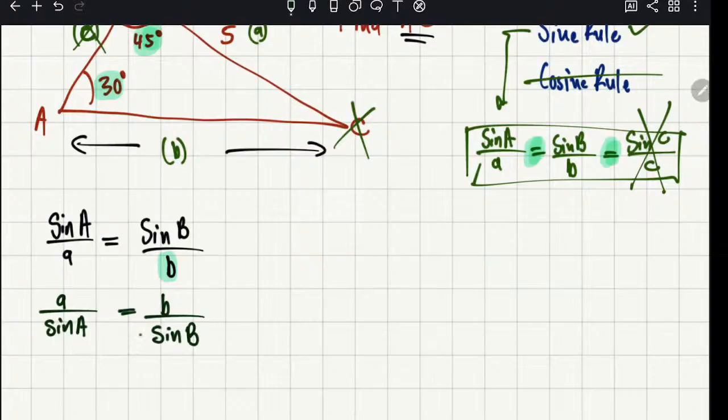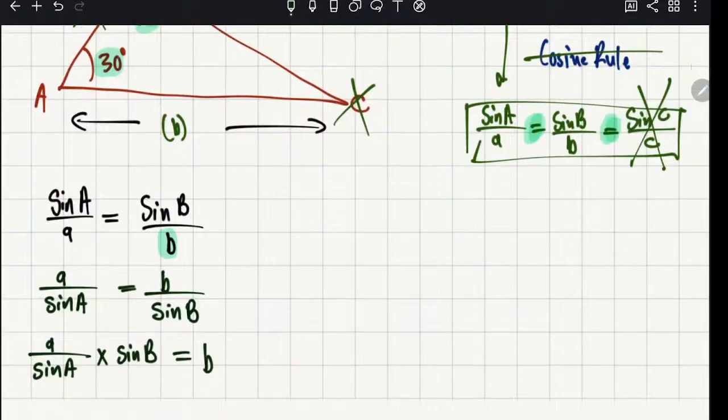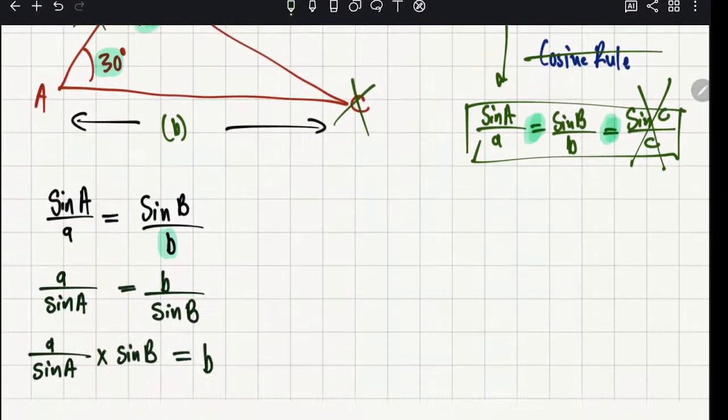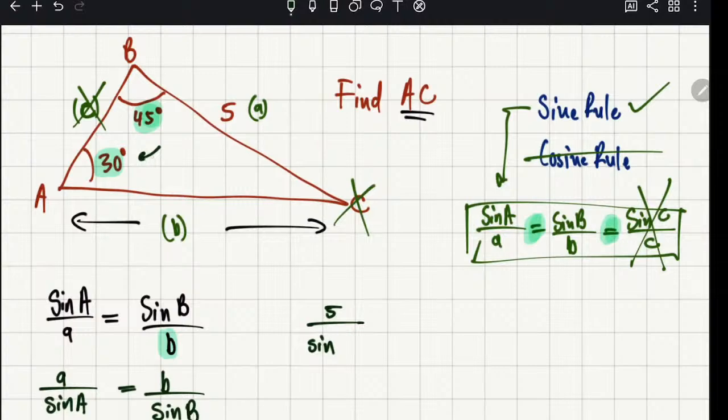Then you can take sine big B to the other side. You now have A over sine big A times sine big B, because when sine big B goes there, it will now multiply, since it was dividing. It is equal to small b. Then we can now put it. What is our small a? 5. You say 5 divided by sine of big A. What is big A here? 30 degrees.